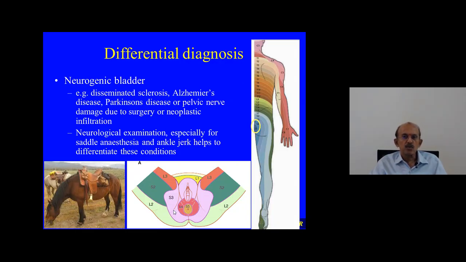The same S2, 3, 4 give nervi erigentes, that means parasympathetic supply to the bladder. So when there is evidence of injury to the S2, 3, 4 centers, you can conclude that there will be damage to the bladder function also. So the patient may have neurogenic bladder.